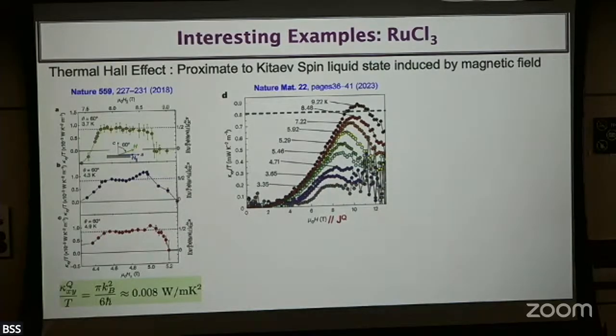And then they reach this special value around 9 Kelvin. There's nothing special. And this data was interpreted as thermal Hall conductivity originating from the bosonic topological magnon band. Yeah?